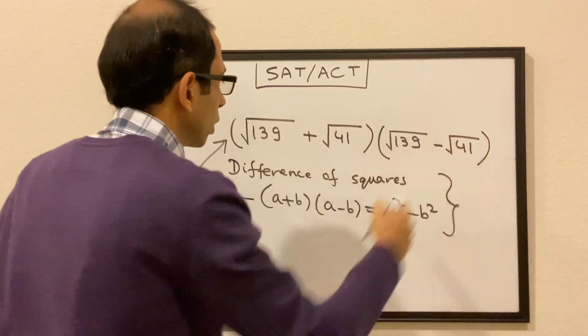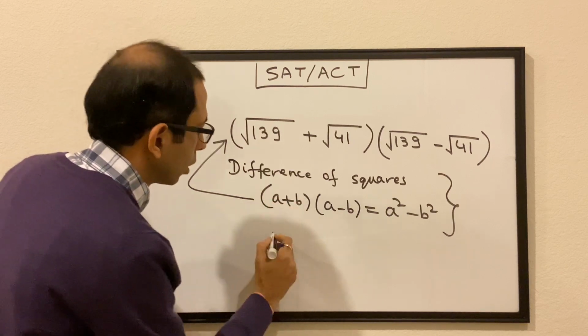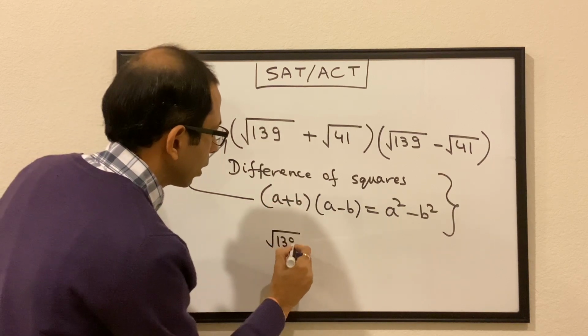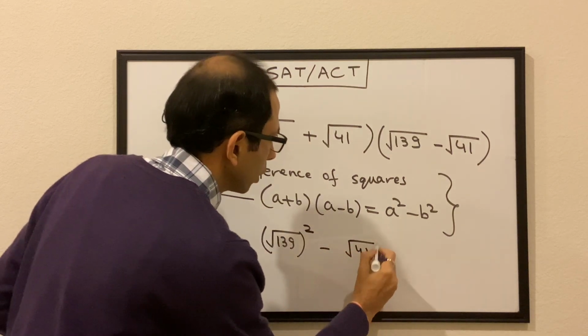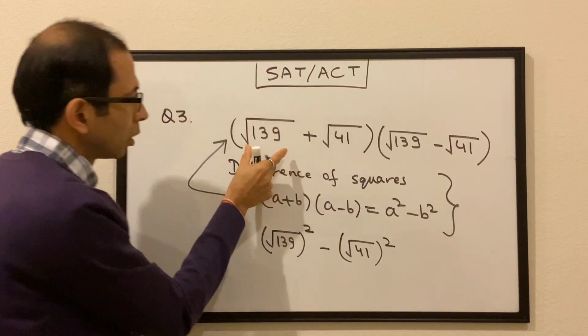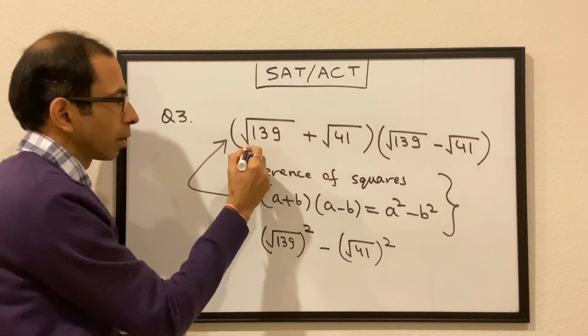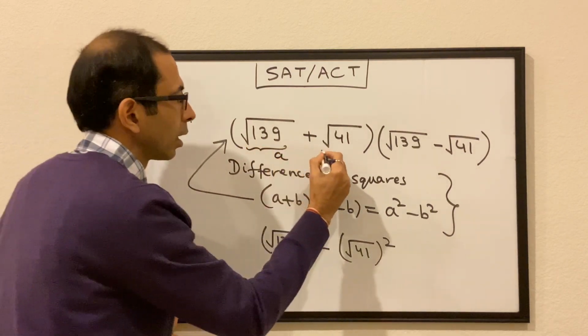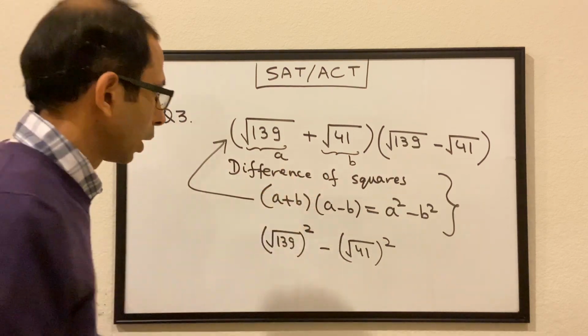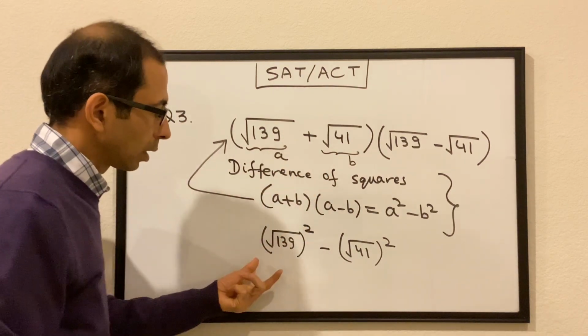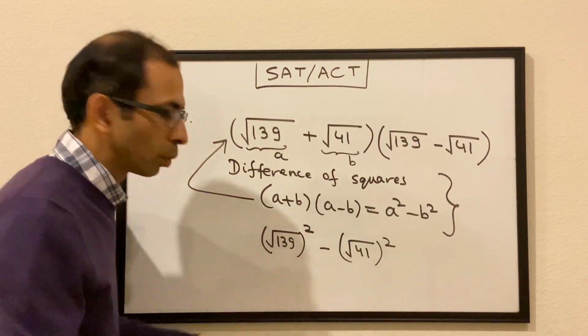So the multiplication of this would be nothing but square root of 139 whole square minus square root of 41 whole square, right? Square root of 139, this is our a, and this is our b, correct? When we look in terms of the difference of squares, square root of 139 square is nothing but 139.